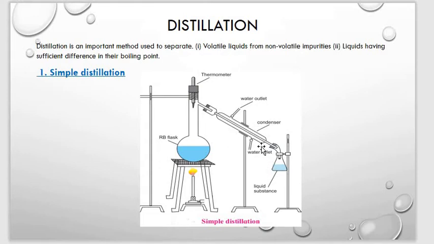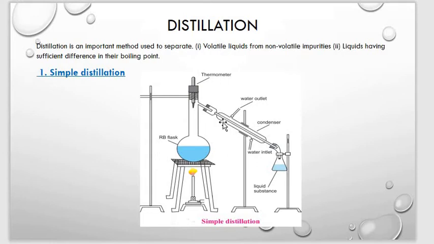Care is taken that the bulb of the thermometer is just below the side arm of the round bottom flask, like what you are seeing on the screen. Now the flask will be heated. As the boiling point of the liquid is reached, it will start boiling and the vapor will rise to the neck of the flask and pass through the side arm into the condenser, which is kept cool by circulating water through its jacket.